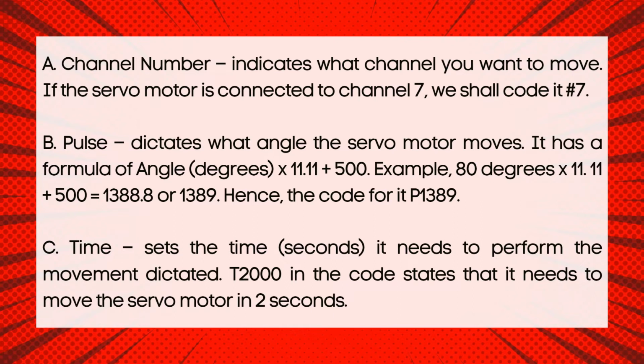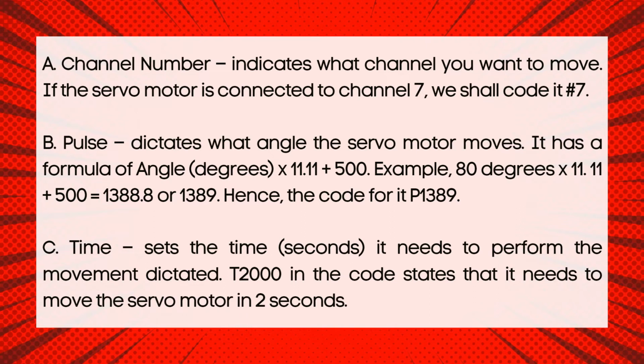So again, remember our formula. For the formula, we have the angle degrees times 11.11 plus 500. So remember that, and this is an example because this formula, you will use as you answer our objective test as we go along with our subject.